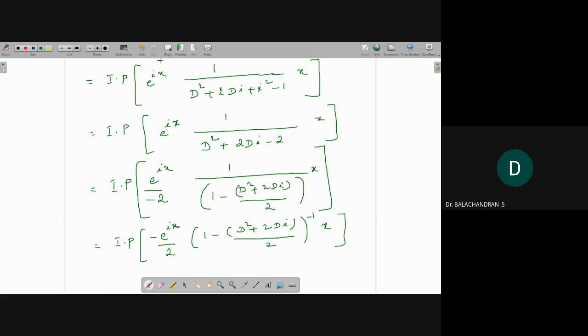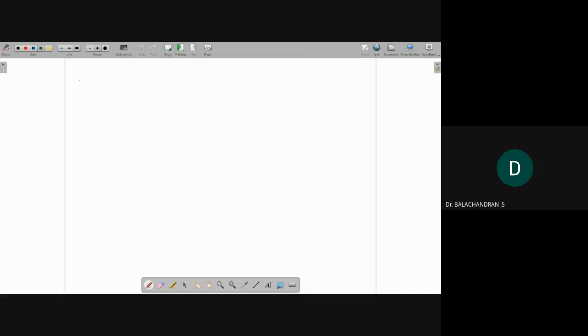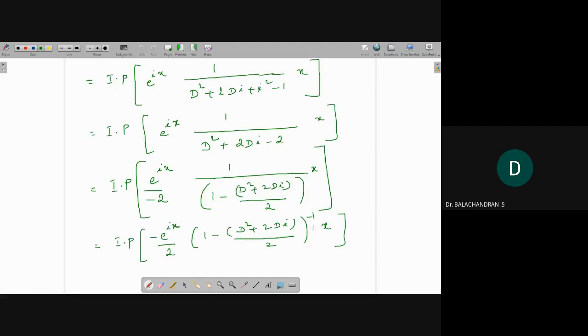Okay, so now the next step, the imaginary part of minus e power ix divided by 2. We should expand this. So this is x. What is x? D square plus 2Di by 2 is x.